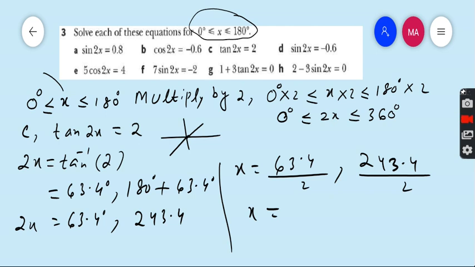The first answer is 31.7 and the second answer is 121.7. And again I would repeat that both the answers lie in our given domain, which is from 0 to 180 degrees.